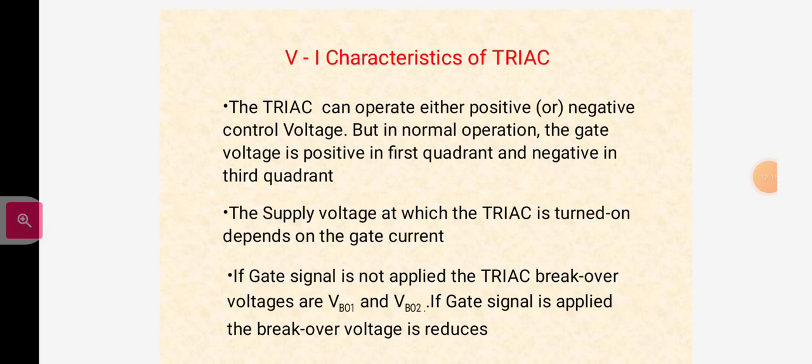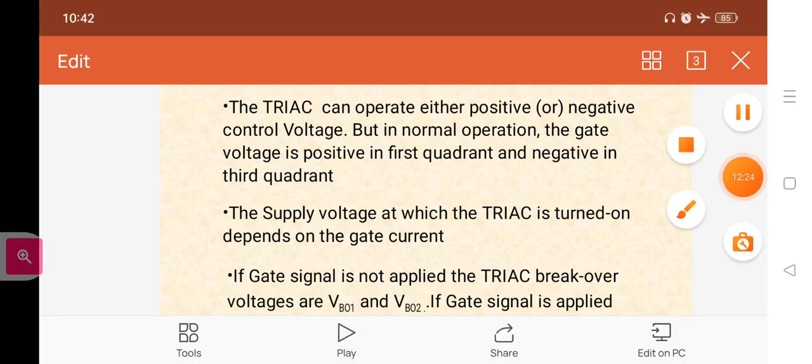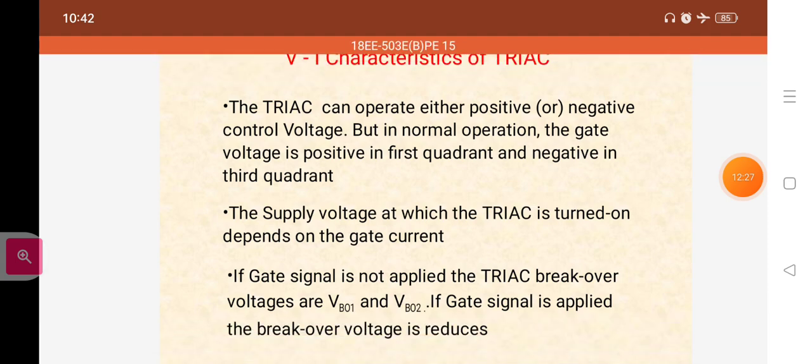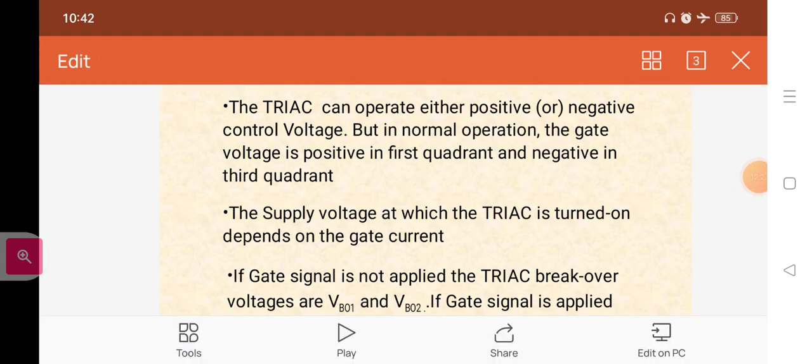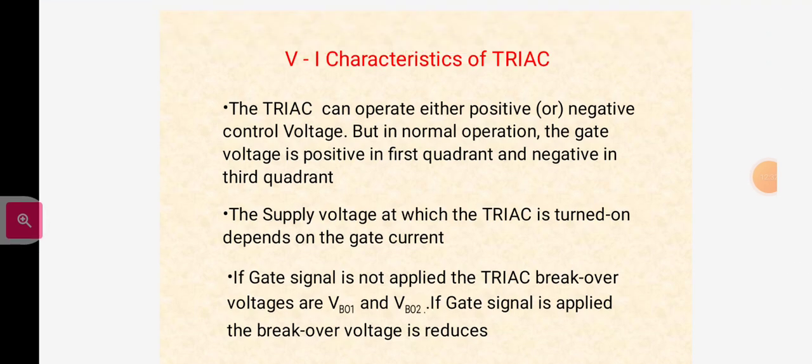Now the VI characteristics of the triac. Like the SCR or diac, the triac also has similar VI characteristics, but the SCR will conduct in forward bias only.